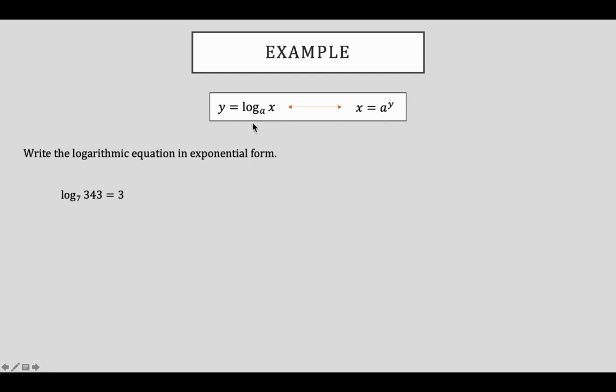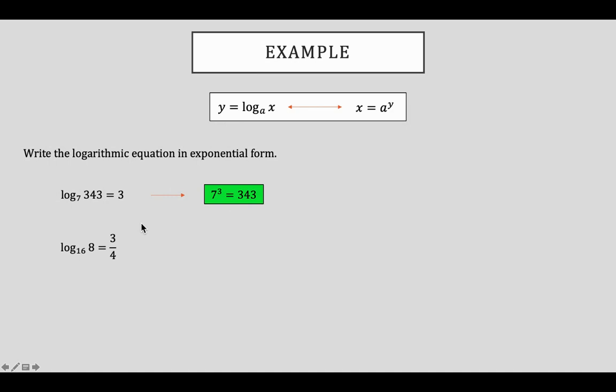The singular quantity on the other side of the equation becomes the exponent, and we set that equal to the value that's inside of the log. In other words, we take 7, we raise it to the third power, and set it equal to 343. 7 raised to the third is equal to 343. The same expression, just written in a different format. Logarithmic form, and here exponential form.